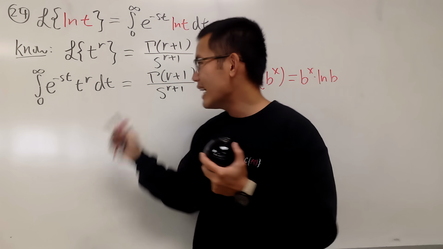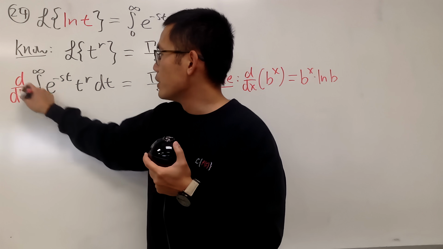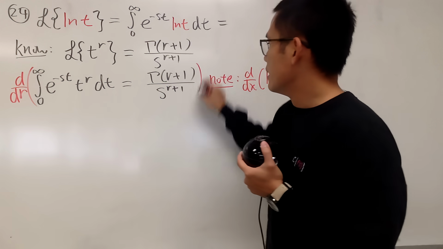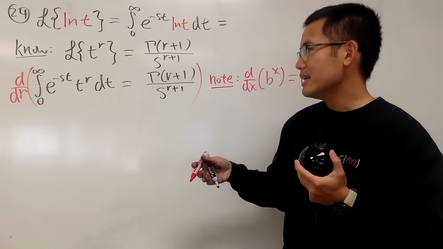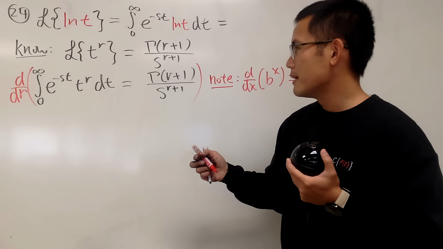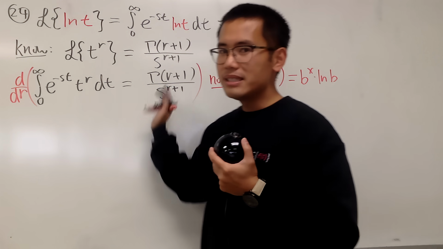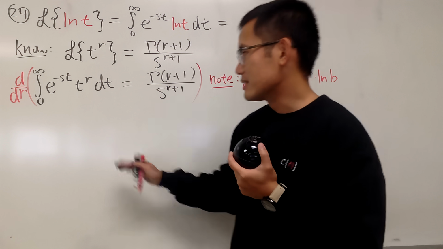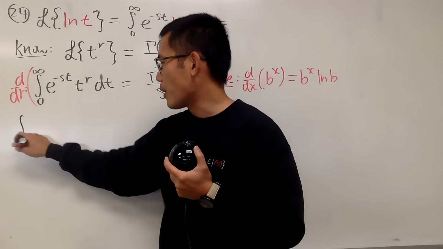With that in mind, I will go ahead and differentiate this with respect to r. Technically, I should put on the partial, but I will do that inside. I'm going to differentiate both sides. This is like a function in terms of r, s is the constant anyway. So when I put this on inside, that's the time I will change that to partial.